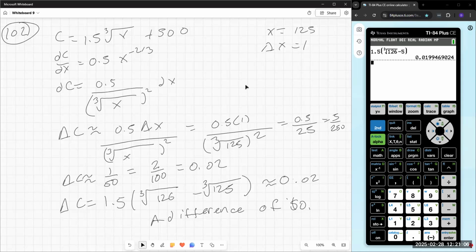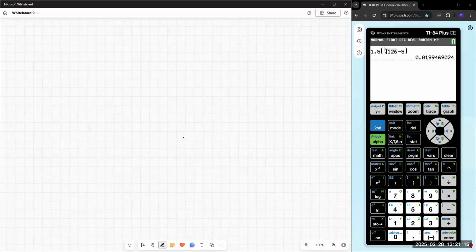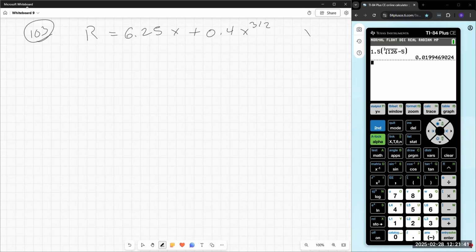Let's look at 103. R is equal to 6.25x plus 0.4 x to the 3/2, and our x value that we're given is 225, and our delta x value again will be 1.